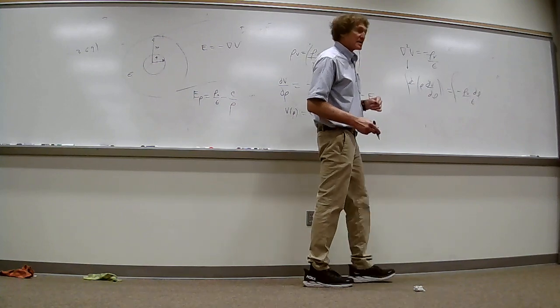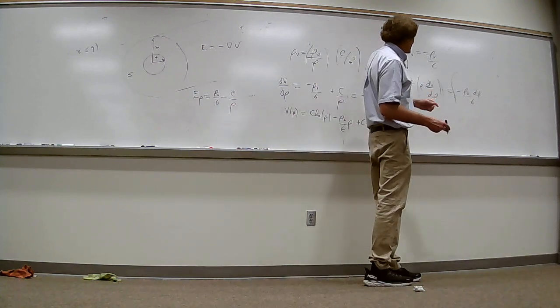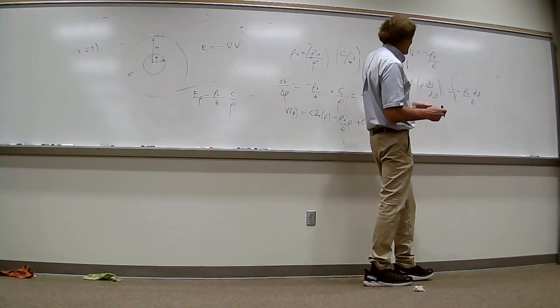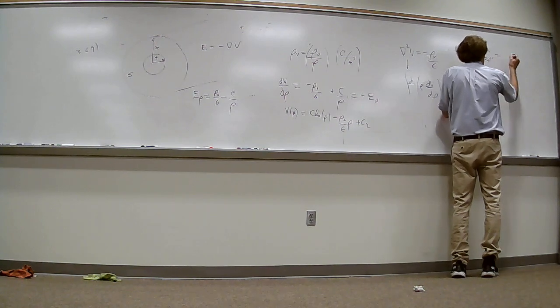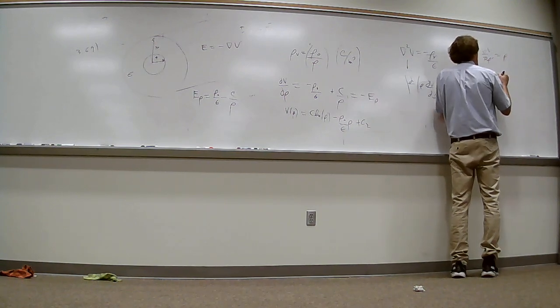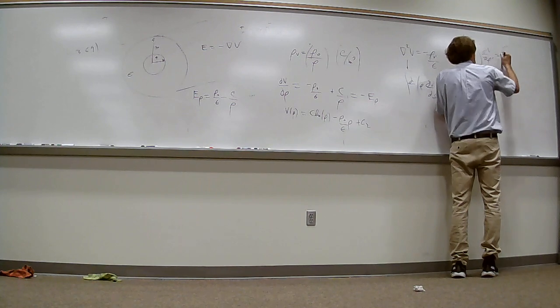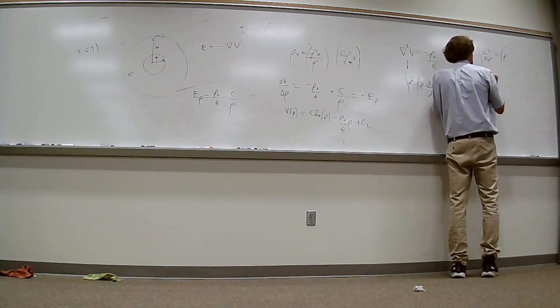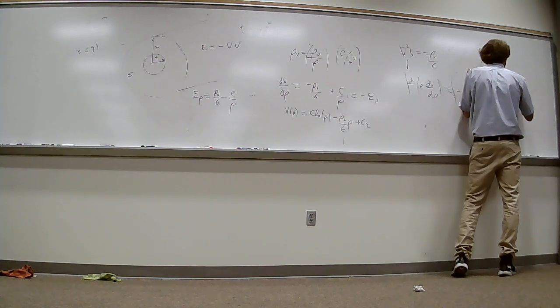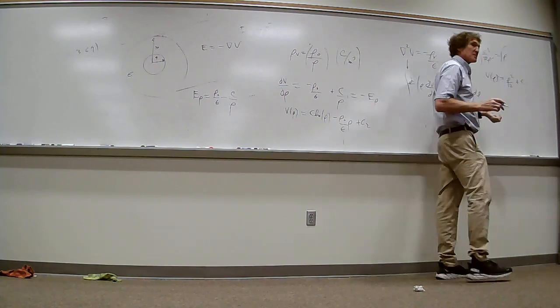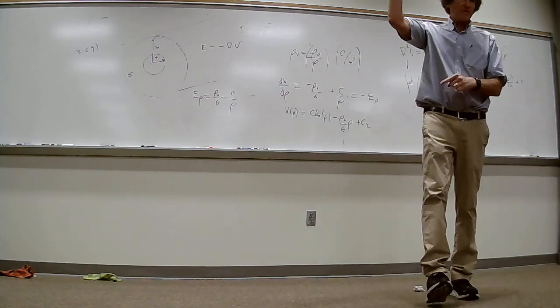A common mistake that's made here is when you integrate, like if you had dV d rho equal to, say, rho. When you integrate both sides, unless they're definite integrals, you get V of rho equal to rho squared over 2, but you have to add a constant because it's not definite.